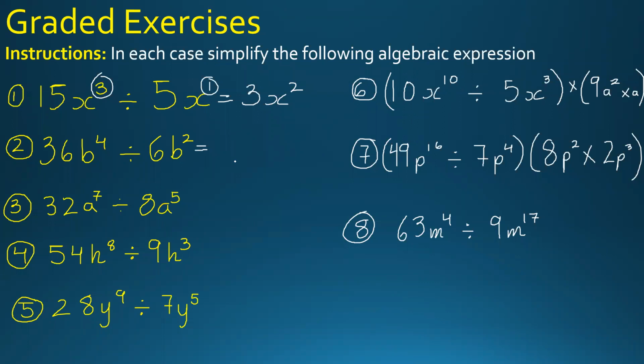Number 2 would be 36 divided by 6, and then b to the power of 4 divided by b to the power of 2, and I'll give you 6 b to the power of 4 take away 2, and then the answer will be 6b to the power of 2. Very good. 6b to the power of 2. Did you send me your work as yet? For this one? No, sir. Okay, make sure to send me that, Miss Sayers.